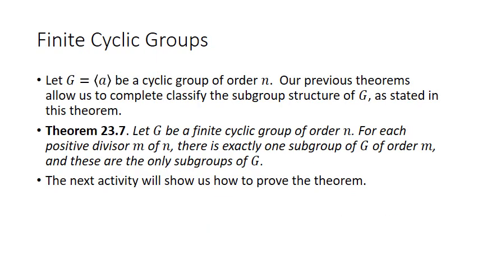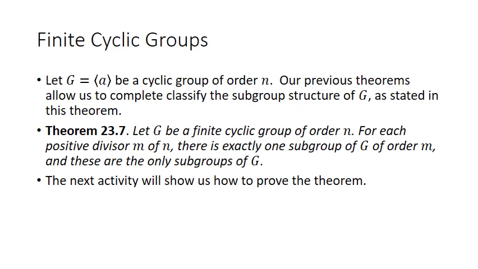Okay, so now let's talk about finite cyclic groups. We're going to be able to completely classify all of the subgroups of a finite cyclic group. The theorem that does this classification is 23.7. Let G be a finite cyclic group of order n.